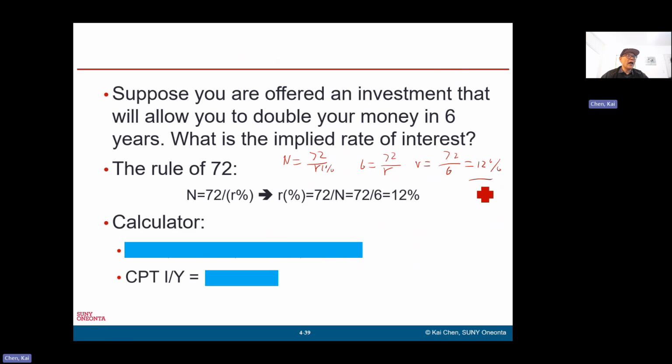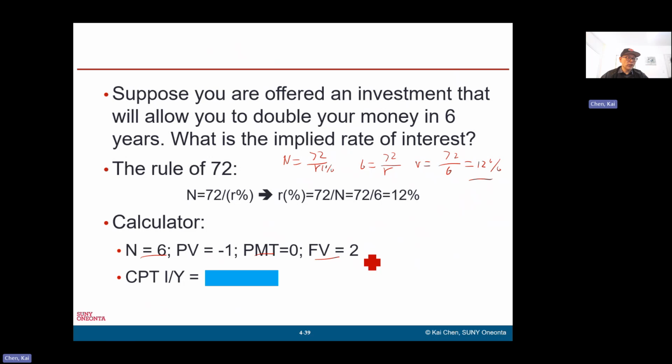Of course, this number is not accurate. In order to get the accurate number, we have to use a financial calculator. If we use a financial calculator, then what is N? N is 6, just as I said. What is PV? PV is -$1. You invest $1 today. So PV is -1. Payment is 0. FV is 2.